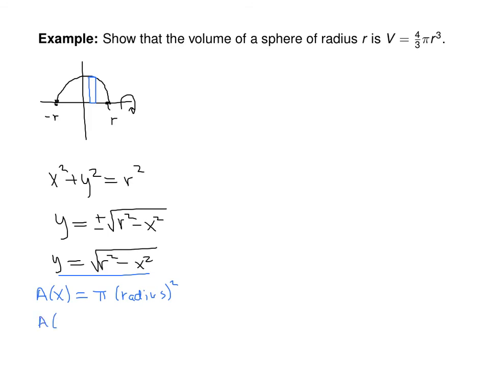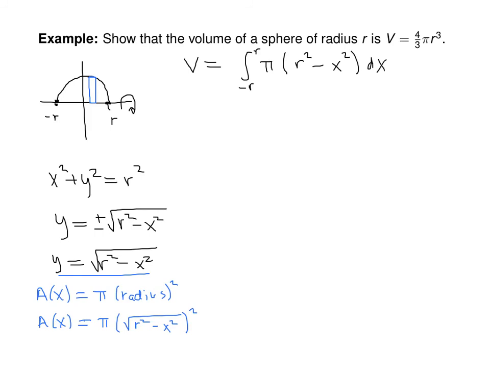So my cross-sectional area is equal to pi times the root of r squared minus x squared, all squared. Now to find the volume, I need to add the slices up. So I will have an integral from negative r to r, pi times r squared minus x squared dx.